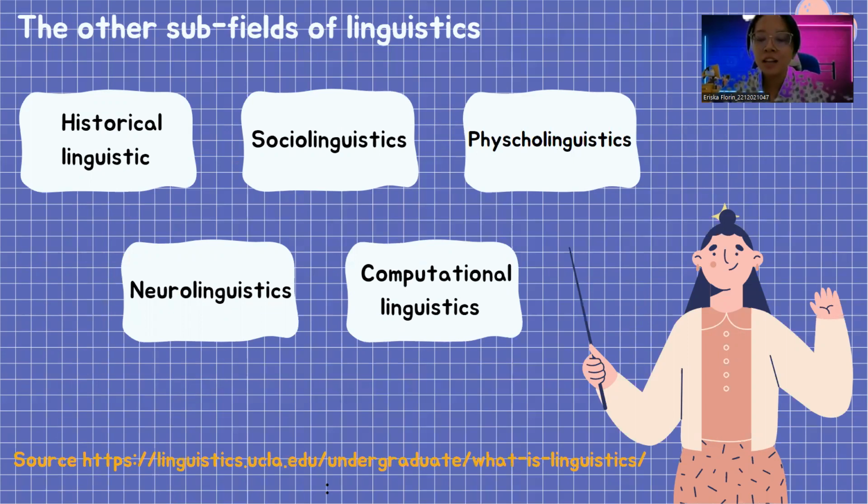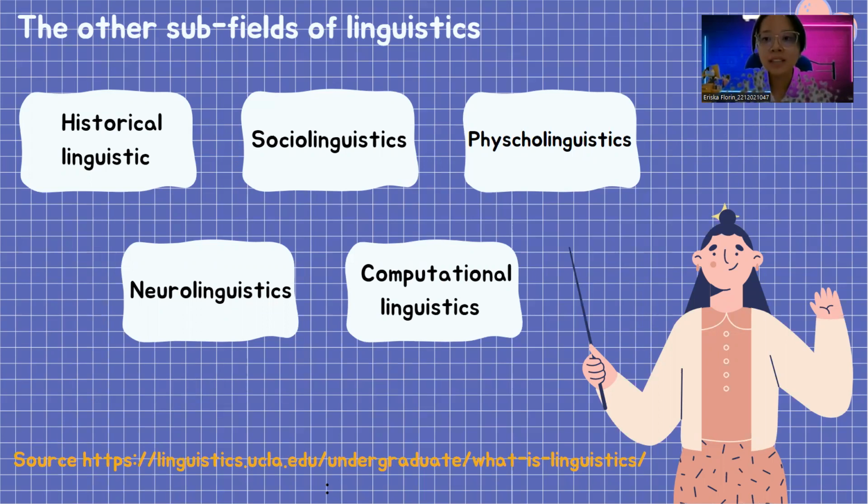So the first one is historical linguistics. Historical linguistics is a subfield of linguistics that studies how languages change over time and how they are related to each other. The function is to reconstruct the historical development of languages by analyzing and comparing their structures, sounds, and vocabularies.